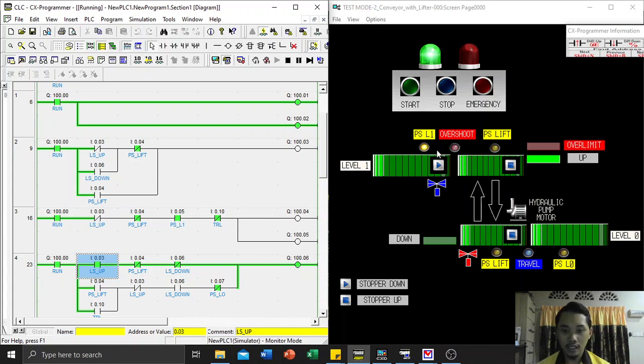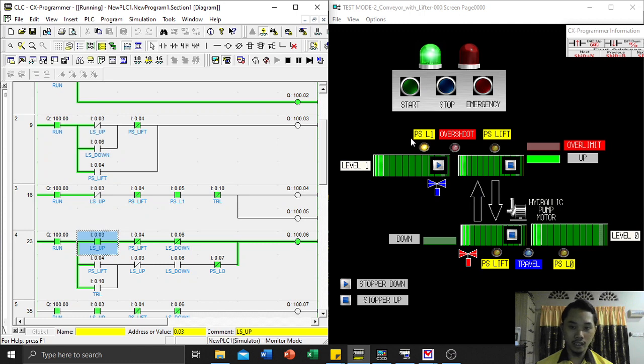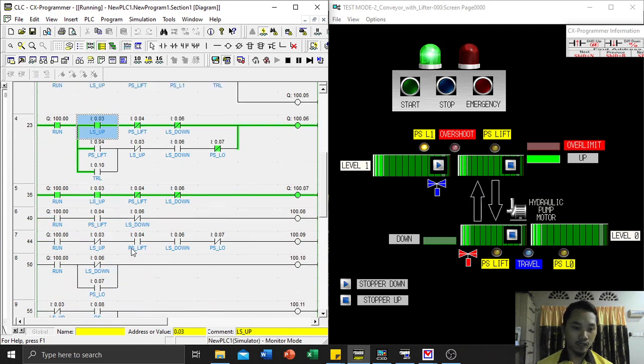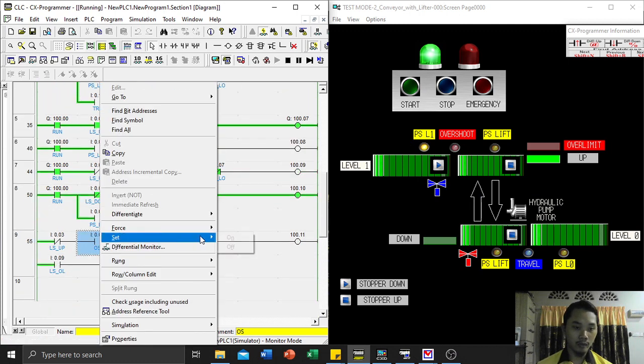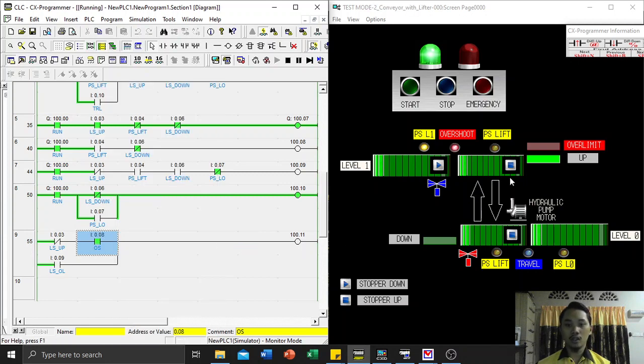Then we can see the conveyor at the table lift will run to transfer the load from conveyor level 1 onto the table lifter. You can see that if the load is moving, the overshoot sensor will be on, but it will not cause a fault condition because the table lift is at the up position.